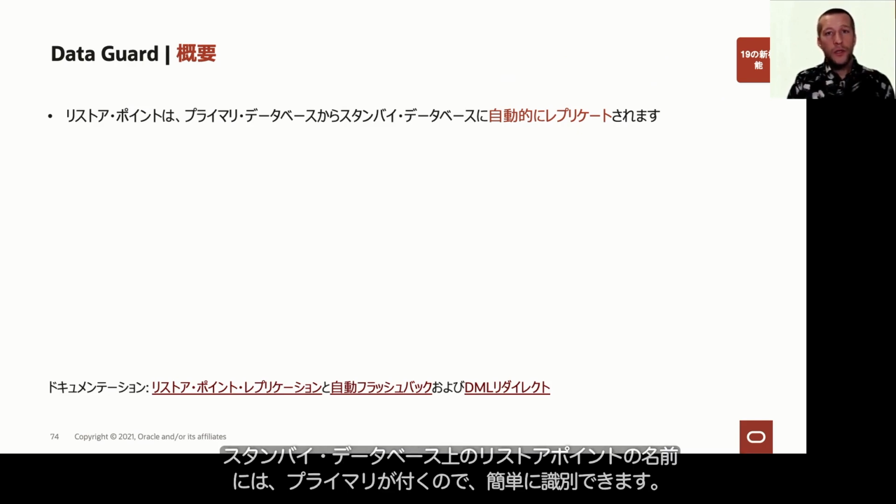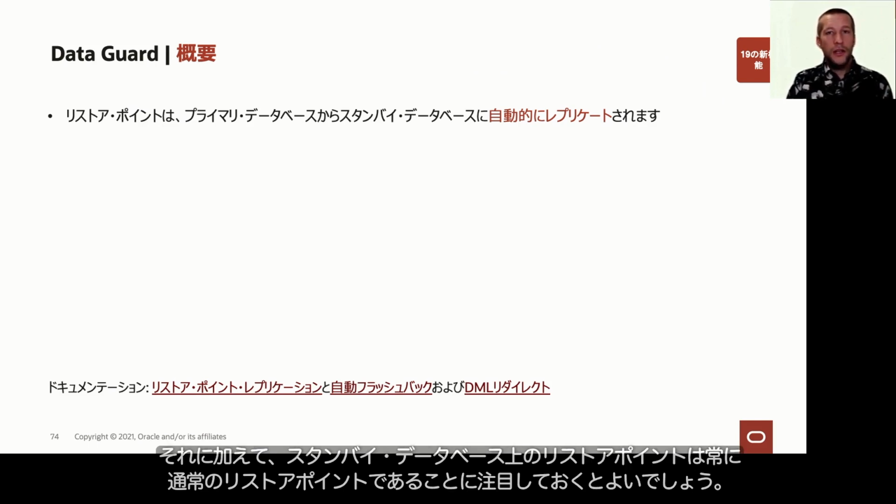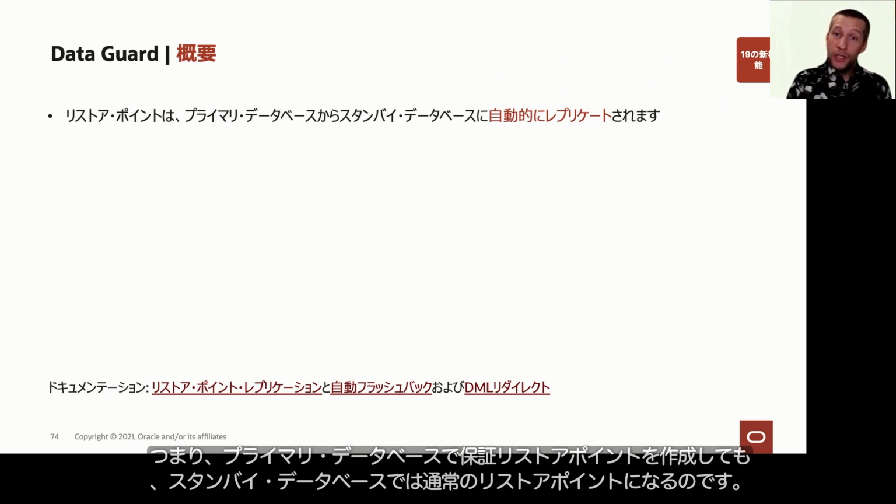The name of the restore point on the standby databases is suffixed with primary so you can easily identify them, but there is also a column called replicated which shows whether or not this is a replicated restore point. In addition to that, it's worth noting that restore points on the standby database are always normal restore points. So even if you create a guaranteed restore point on the primary database, it will become a normal restore point on the standby database.